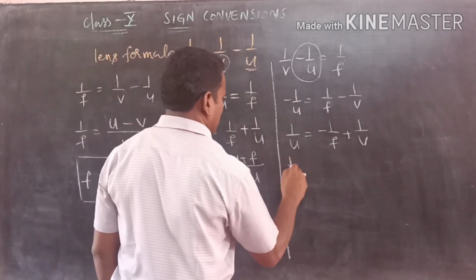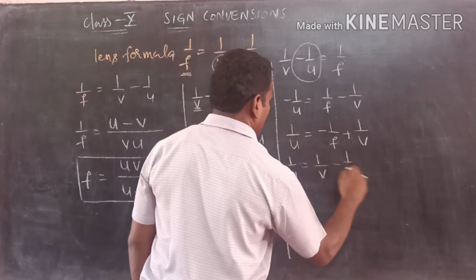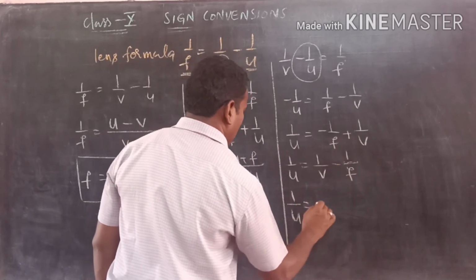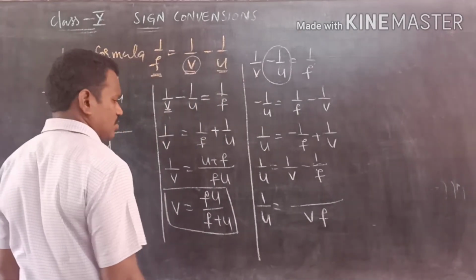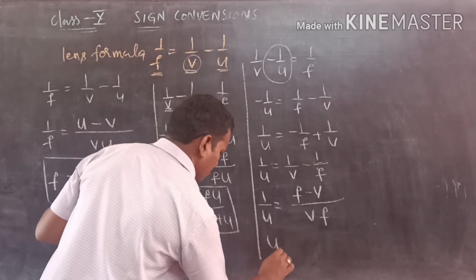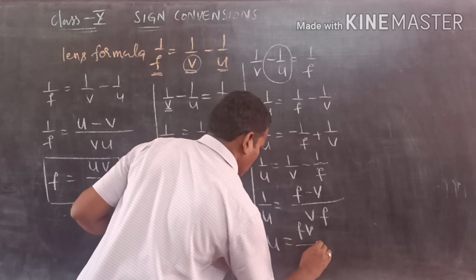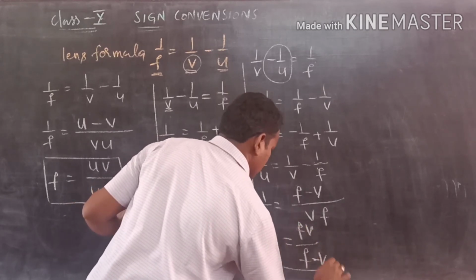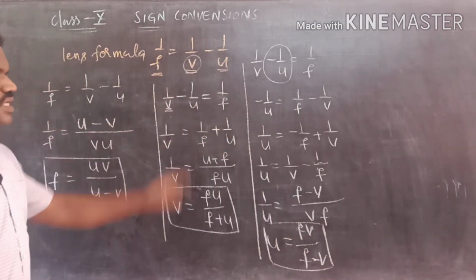By rearranging, 1 by u is equal to 1 by v minus 1 by f. And next step, by taking the LCM, it becomes vf. In the numerator, it becomes f minus v. Last step, u is equal to fv by f minus v. This is the formula for object distance from the lens formula.